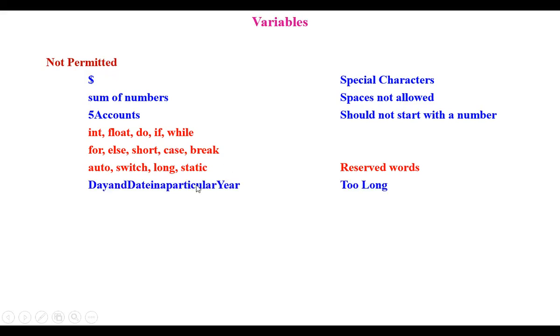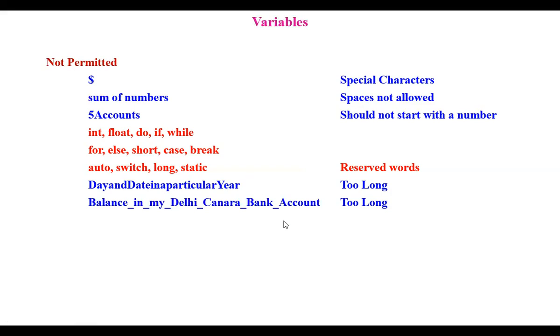So next, this is good, day and day in a particular year. You see, it's becoming difficult to understand even. I cannot even pronounce it properly, right? So it's too long and not even clear. Without any spaces, it becomes difficult for me to understand and reuse that. So too long should not be there.